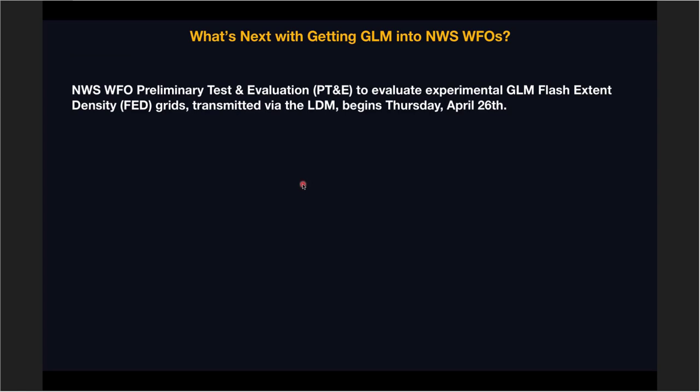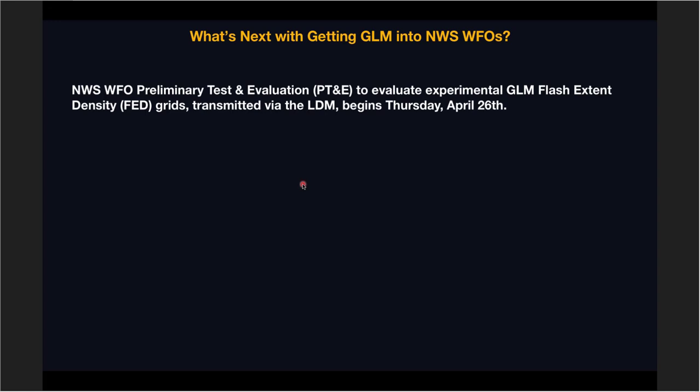Now I'll go through what we know right now about how we're going to get this product into the WFOs. Starting tomorrow, we've been working on this for about a month now, we're going to have a preliminary test and evaluation of this product.